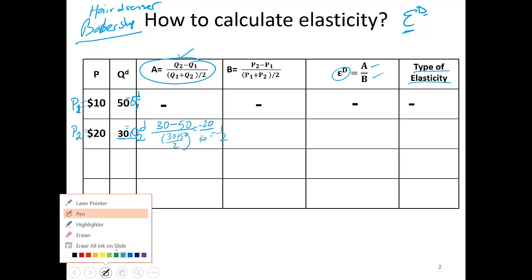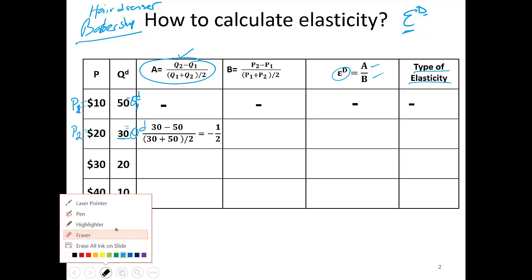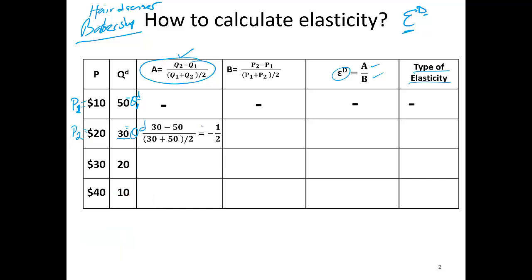So I'm going to real quickly clean this because it's going to pop up. Just remember my calculation. Okay, so these are future prices we're going to consider. So this is how you calculate final quantity demanded minus initial divided by their average. So you found the numerator of your formula, right? So percent change in quantity demanded.